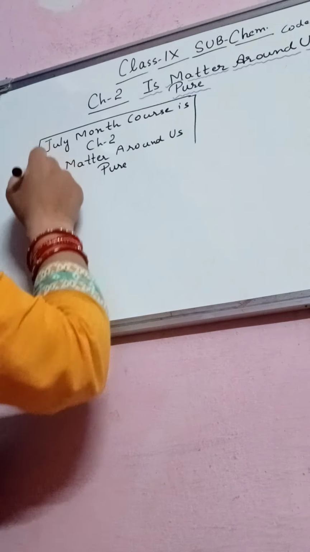The elements can be classified into three kinds, that is metals, non-metals and metalloids.